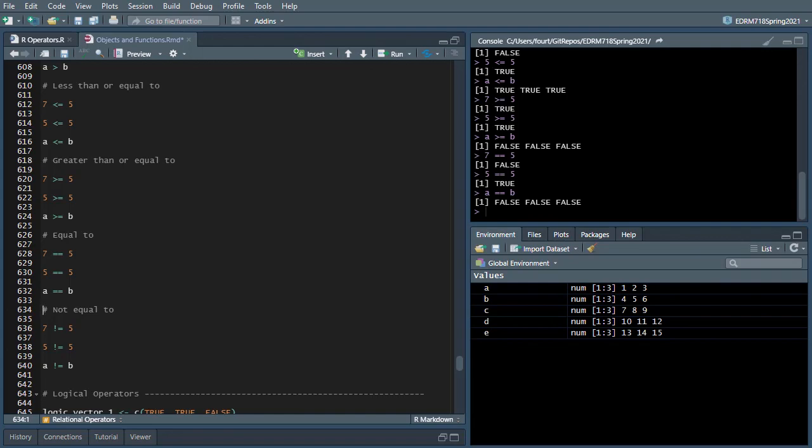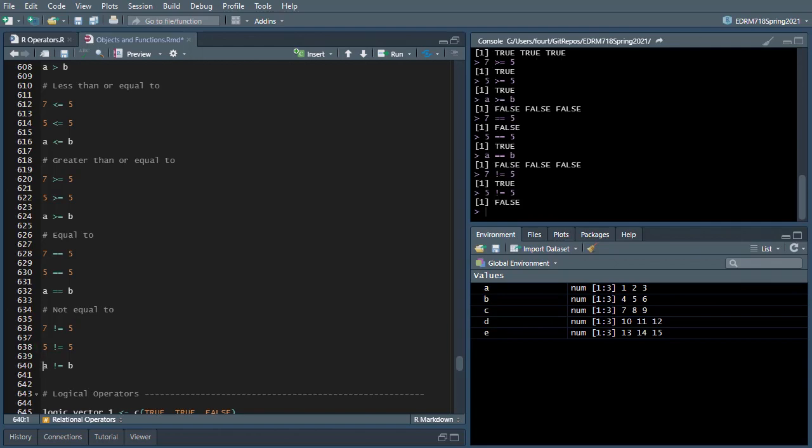And if we want to switch to a not equal, we again use that equal sign, but instead of two equal signs, we now put an exclamation point in front of the equal. And now the question becomes, is 7 not equal to 5? And the answer is, that's right, 7 is not equal to 5. Now you have to start thinking almost in terms of double negatives here. Is 5 not equal to 5?